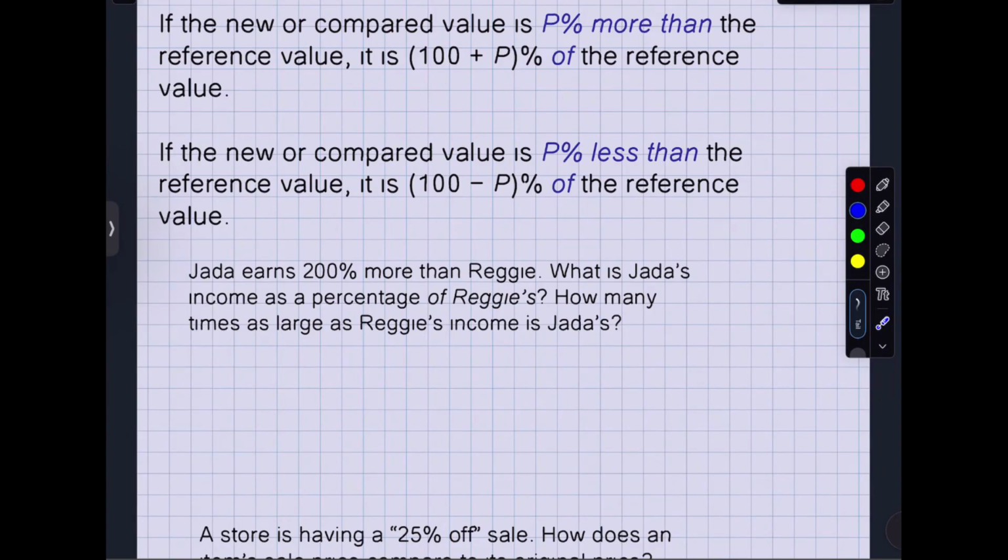If the new or comparative value is p% more than the reference value, then it is more than 100%. If it's less than, then it's going to be less than 100%, right? You just subtract that percentage.